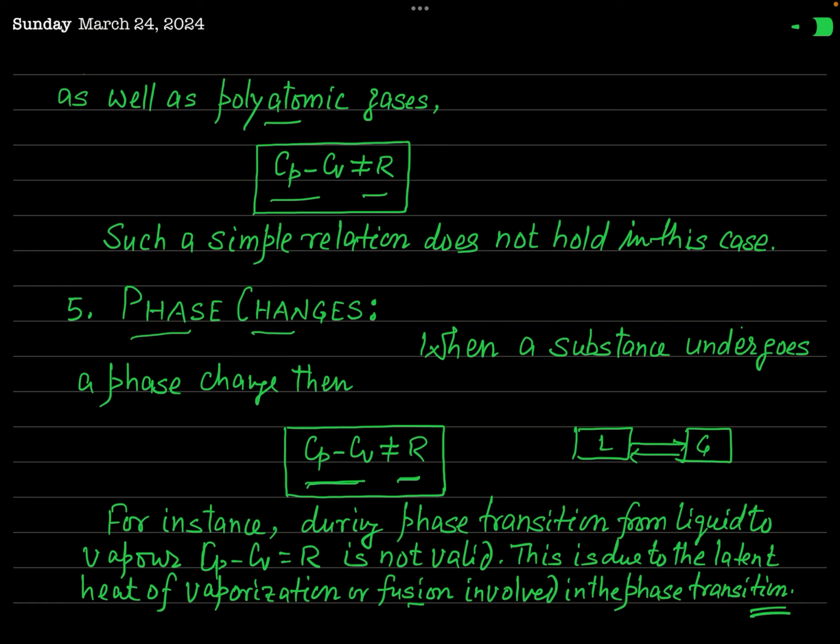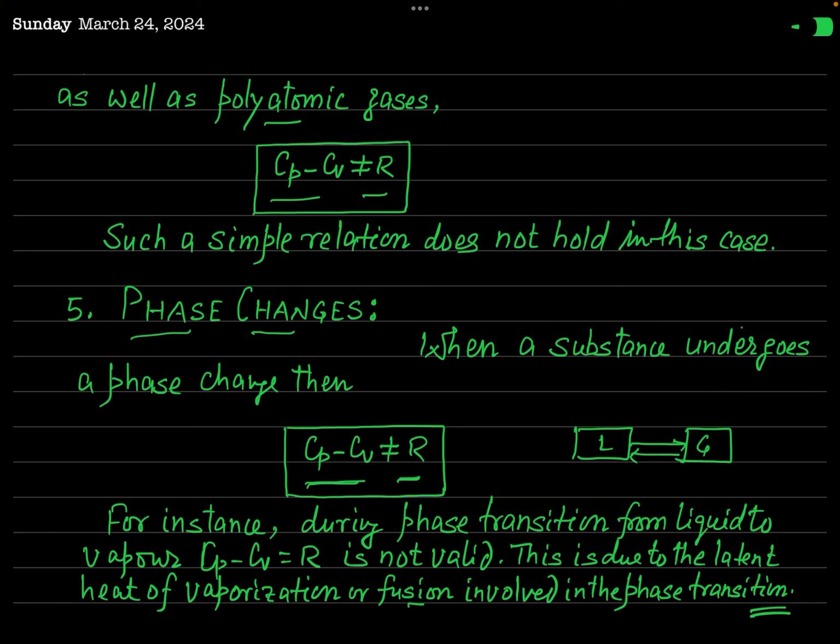So remember, this Cp minus Cv equal to R strictly holds only in case of monatomic ideal gas in normal condition, not at very high pressure and very high or low temperature. I have mentioned several examples here.